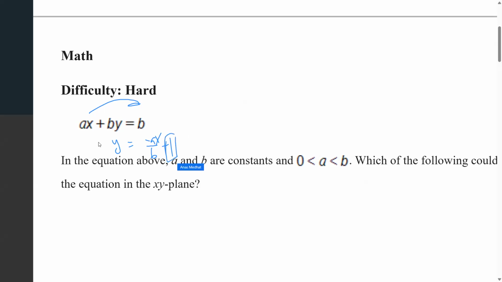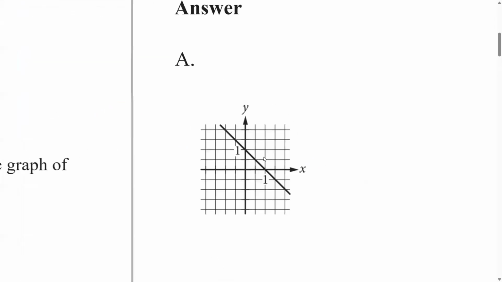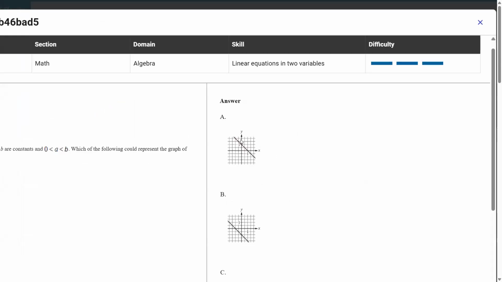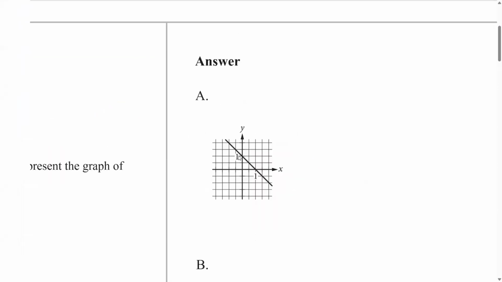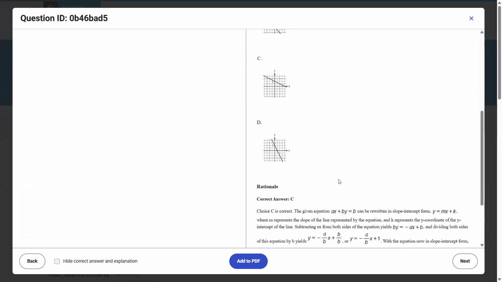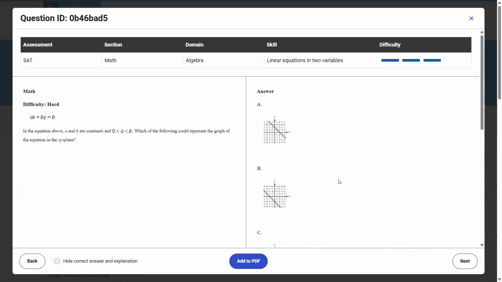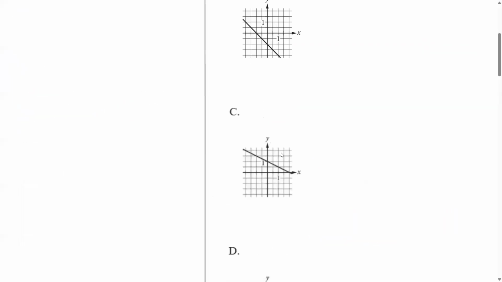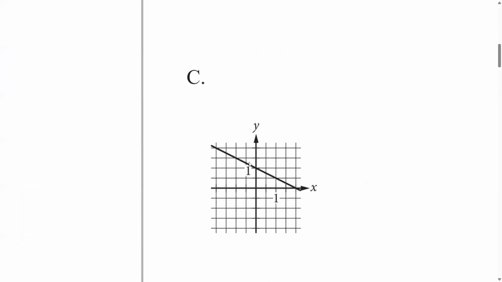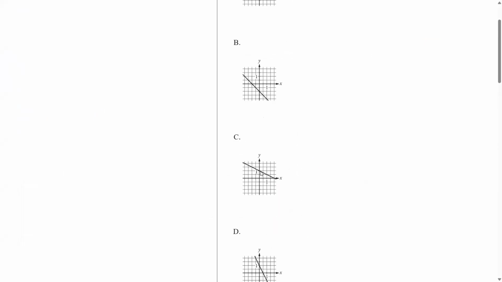So the y-intercept is 1 and the slope is negative. This is correct, so the answer should be A. Oh, no, wrong.